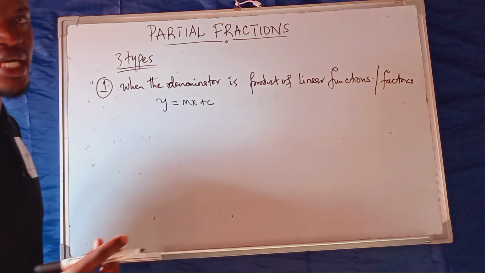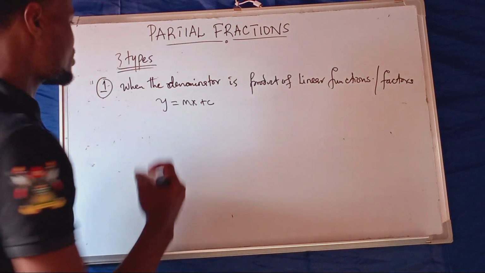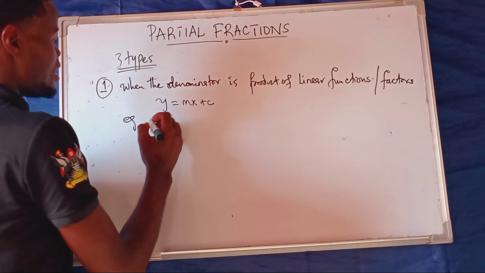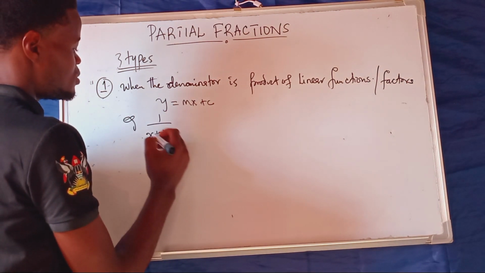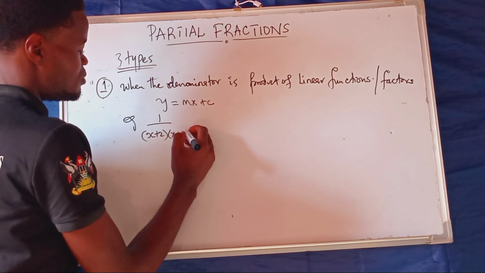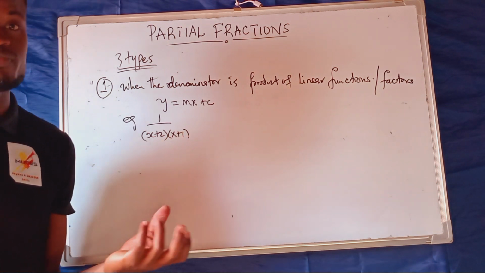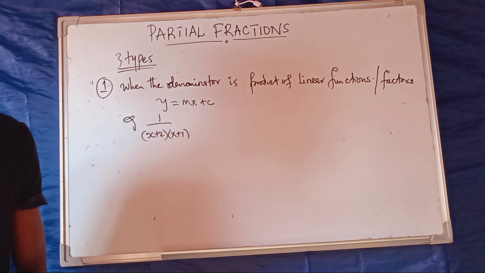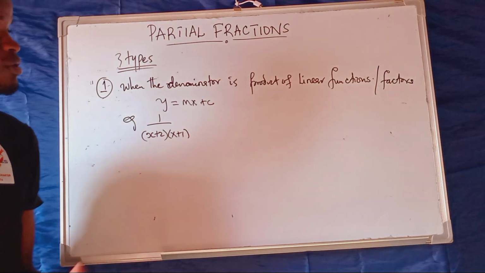So you will find that you have a function, e.g., like the one we have done previously. You have, say, 1 over (x plus 2)(x plus 1). You're required to split this fraction into different simple fractions or partial fractions.